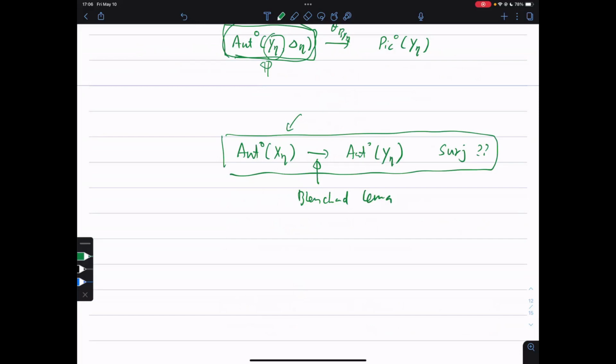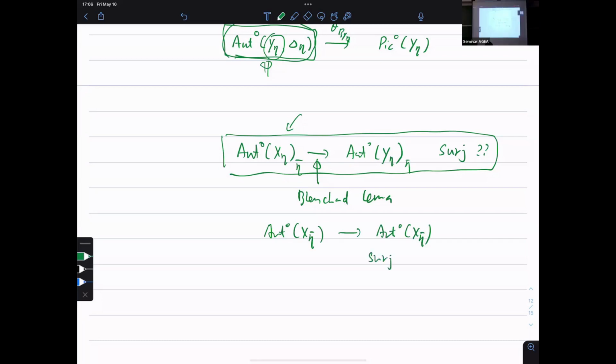And then to show it's surjective, you only need to pass to the geometric generic fiber. So you prove this is surjective, but is it compatible? Maybe this is too technical, but I just want to make sure this Aut is compatible with base change.